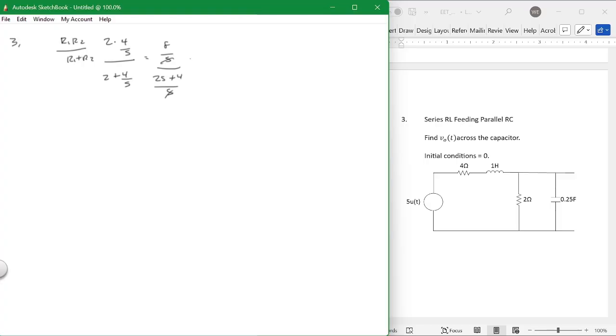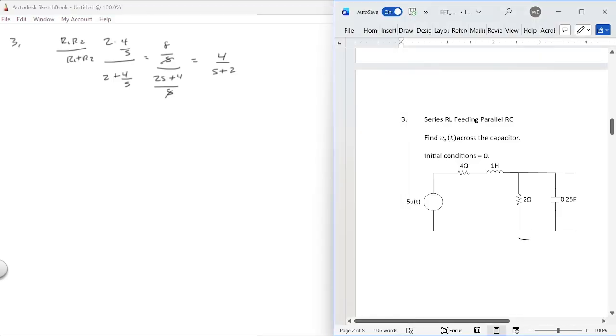Those cancel. So this is equal to, you can cancel the 8, it becomes a 4 over S plus 2. Everybody agree with that? So the resistance of this guy is 4 over S plus 2.